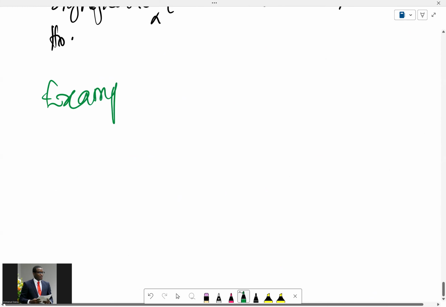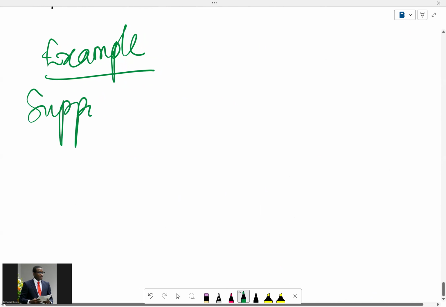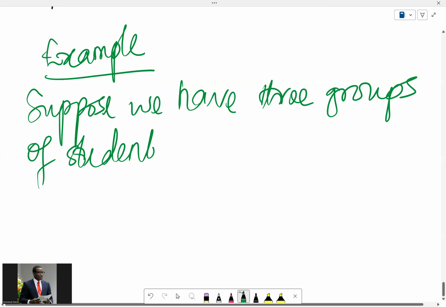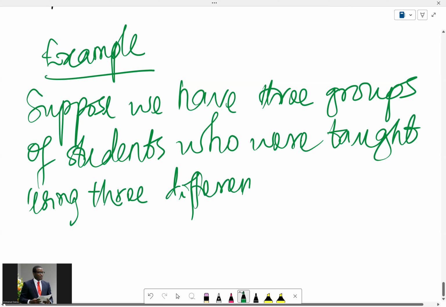Suppose we have three groups of students who were taught using three different teaching methods.